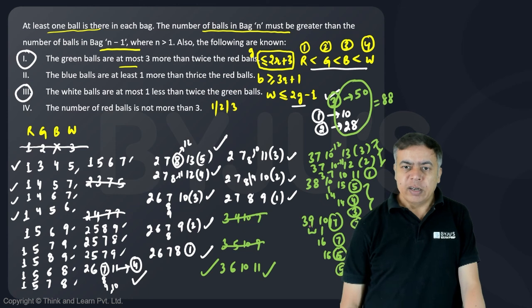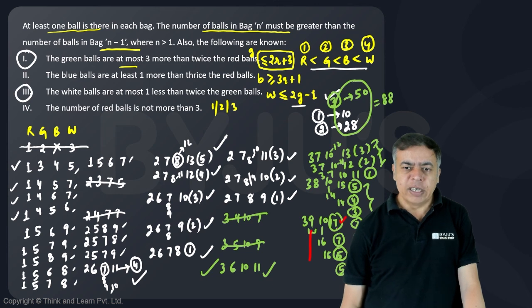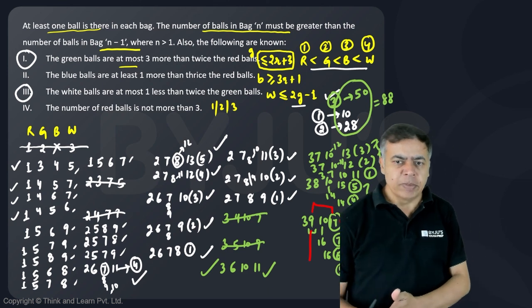Green is 9, so the maximum white here can be 17. So 9 and 17, the difference can go to 8. Before that you cannot have that much difference.